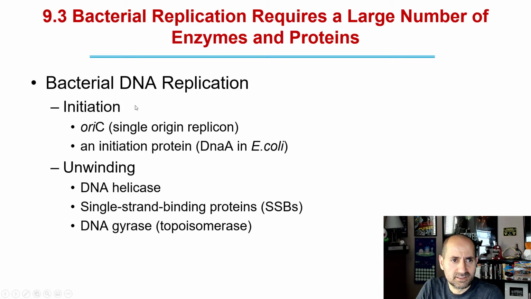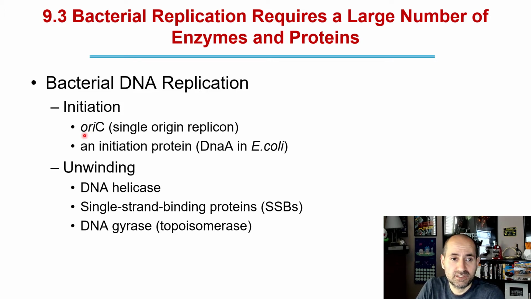Now, in bacteria, replication of DNA occurs a little bit differently than in eukarya. In eukarya, it's the same principles, but there are more players involved. Okay, you don't need to know all the players, but we'll get there. With bacteria, you have initiation of replication at one site.